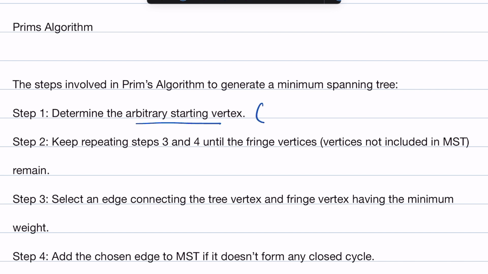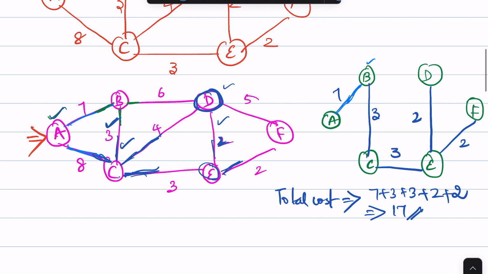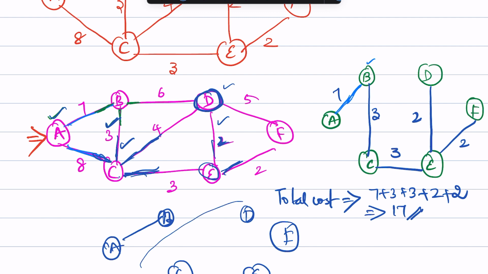Here in our example, we have taken the starting vertex as A. And now we have to keep repeating steps 3 and 4 until no fringe vertices remain. Fringe vertices mean the vertices which are not included in the minimum spanning tree. Say when we constructed just A and B, all the rest of the vertices which are not included in the minimum spanning tree, we call them the fringe vertices.